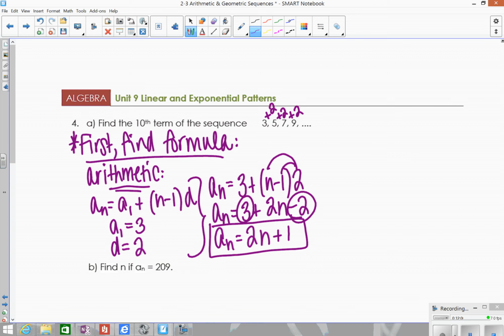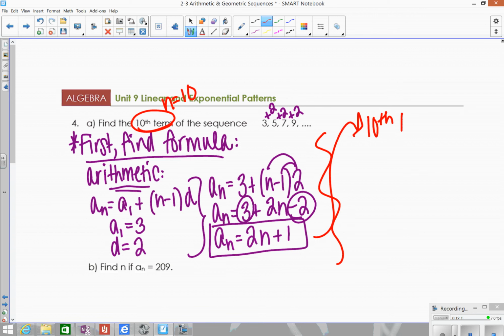So if I'm trying to find the 10th term, which is what it's asking for, that means n equals 10. So I'm going to use my formula to find the 10th term. So again, n equals 10. We're going to plug in. So a sub 10 means the 10th term of the sequence.